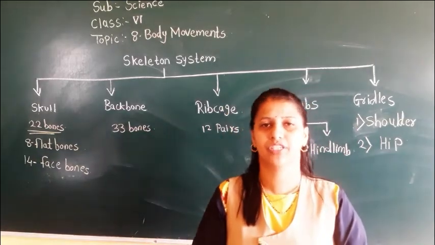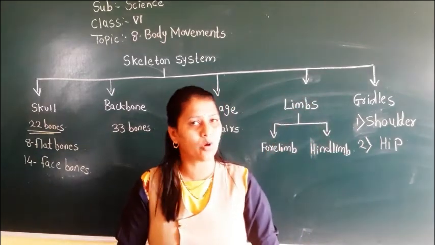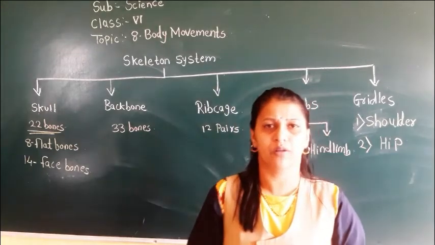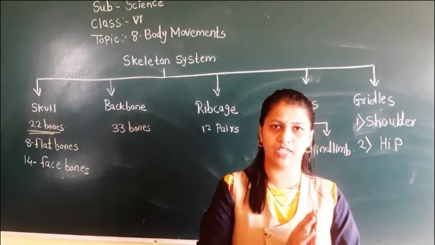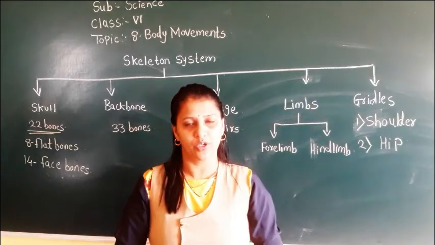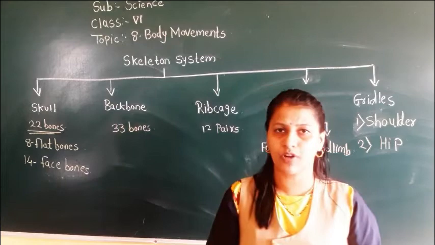Now, can you tell me, how many bones does a newborn baby have? They have 305 bones. Now, where do the bones go? Are they removed from the body? No, they are not removed from the body.